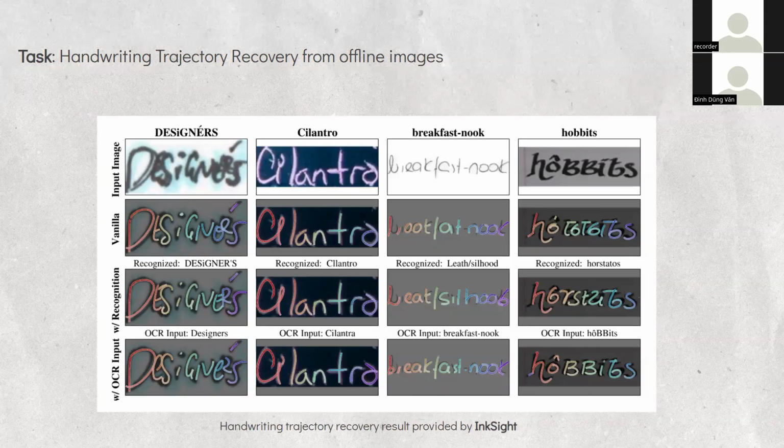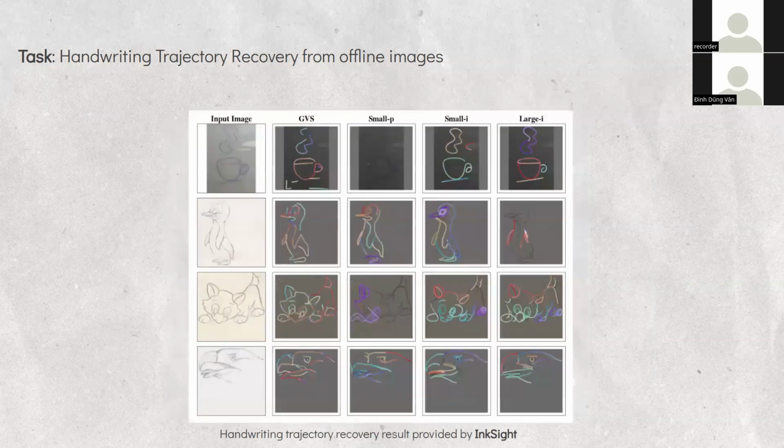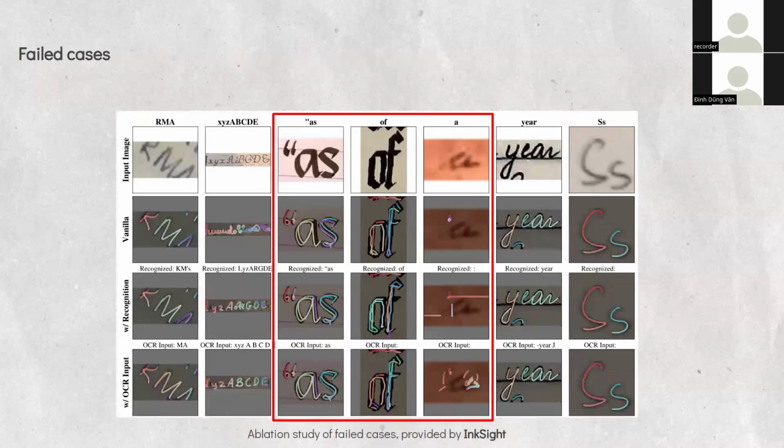They can give us the trajectories, and even with some drawings or sketches, they can also give us reliable results. But the main problem is when we are dealing with degraded data, or some untrained script before, then the accuracy becomes pretty bad.